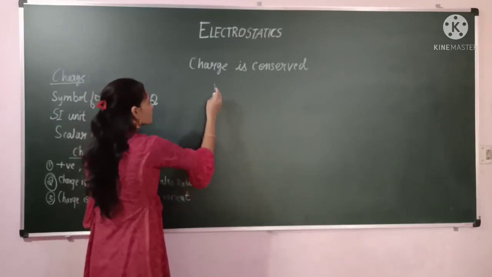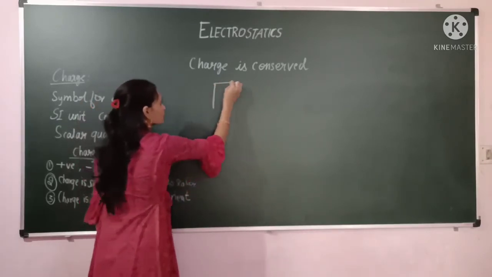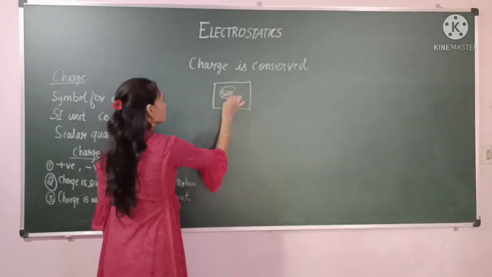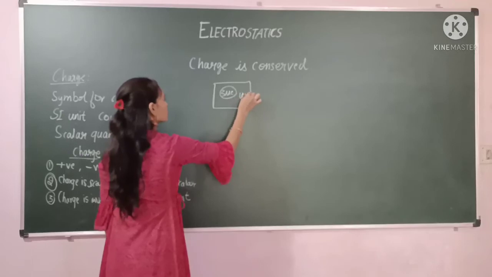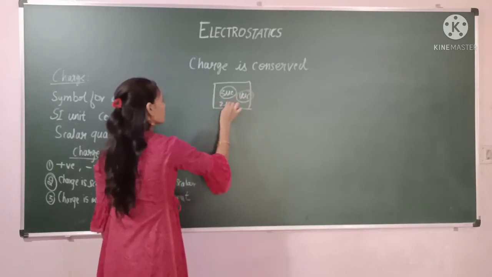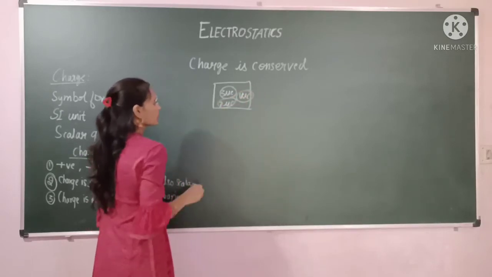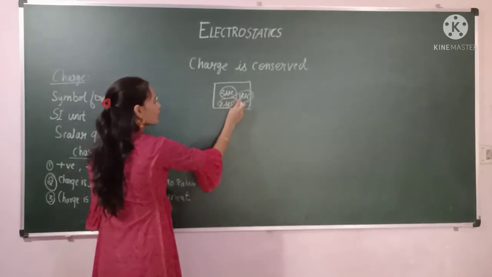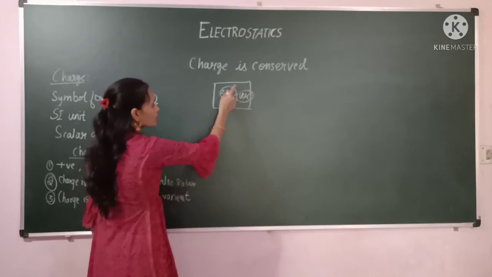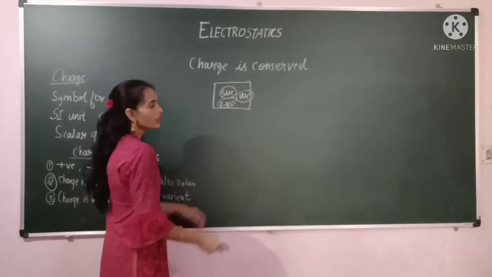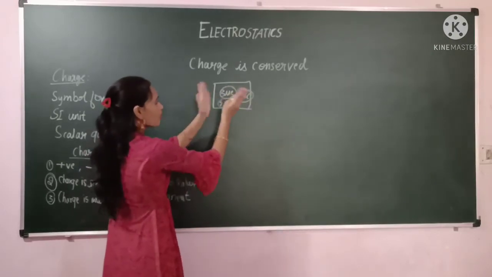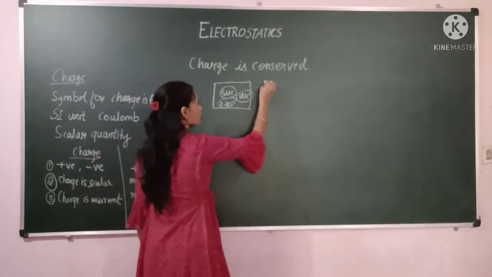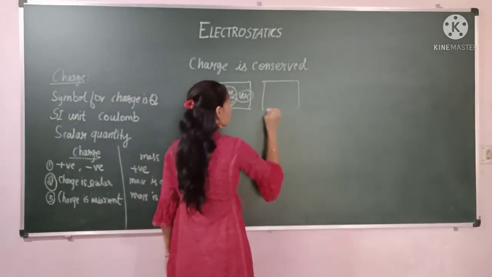Suppose this is the body, and it has charges of 3 microcoulomb, 1 microcoulomb and 2 microcoulomb. 3 plus 2 is 5, 5 plus 1 is 6. So here the total charge is 6. After disturbance, you shake the box like this, and again when you see, charges will be transferred.